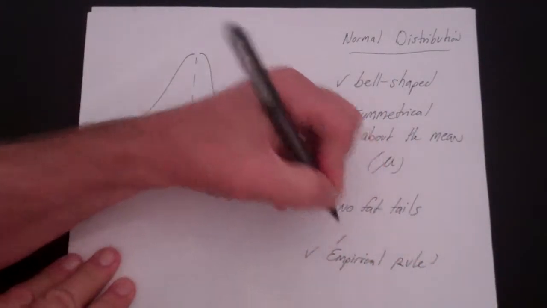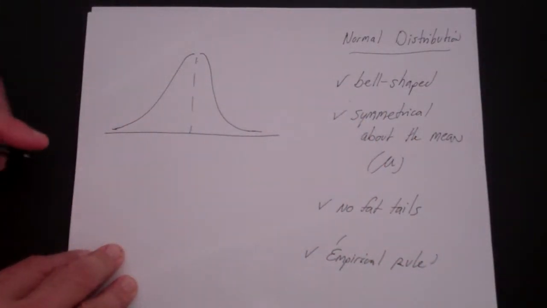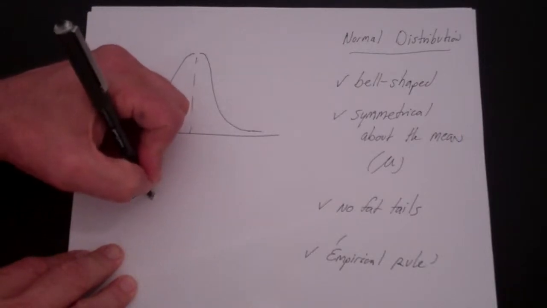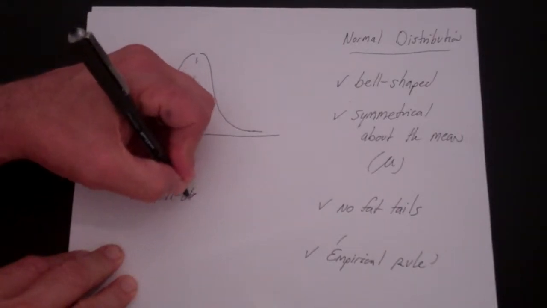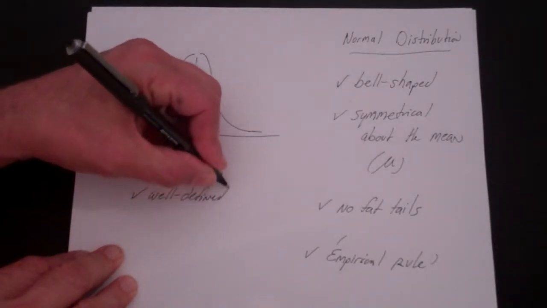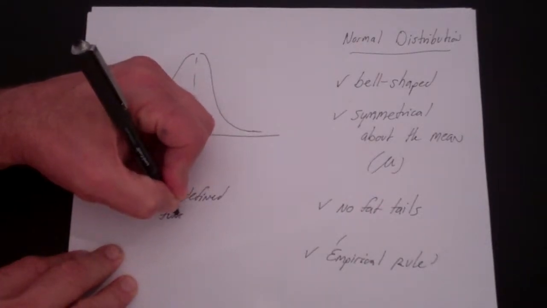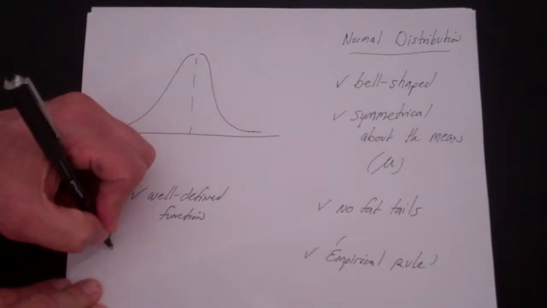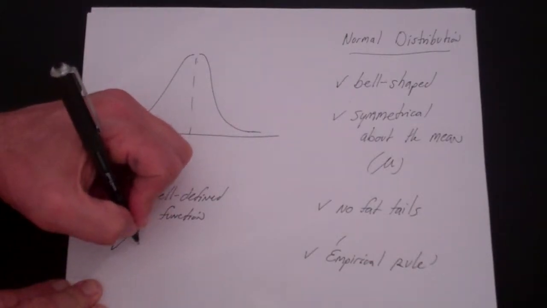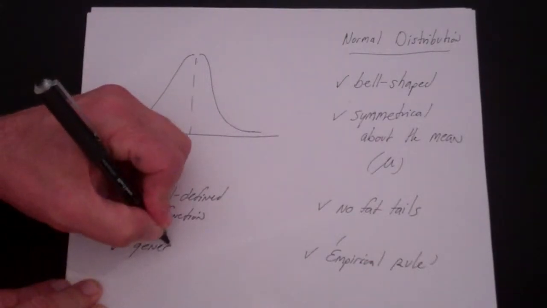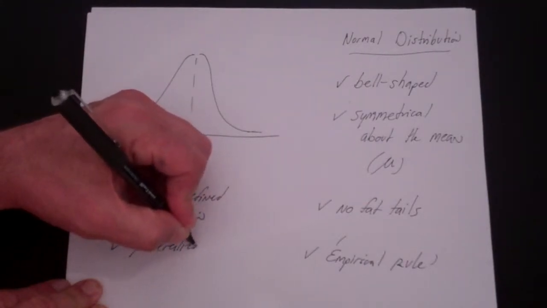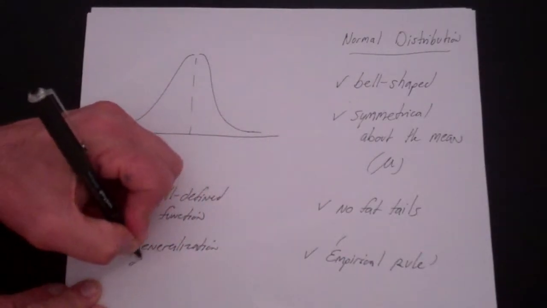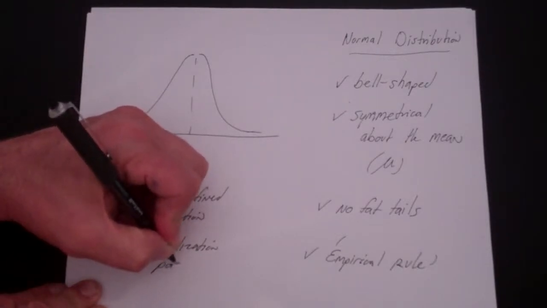There are interesting things about the normal distribution. One is it's a well-defined function. Sometimes that function is specified. It's built into all of your graphing calculators. And the other thing is that it is just a generalization of Pascal's triangle.